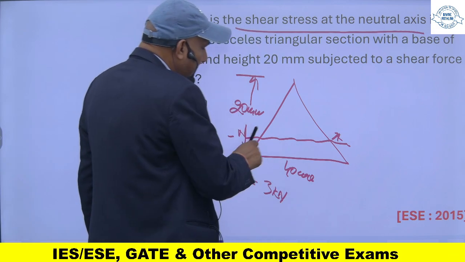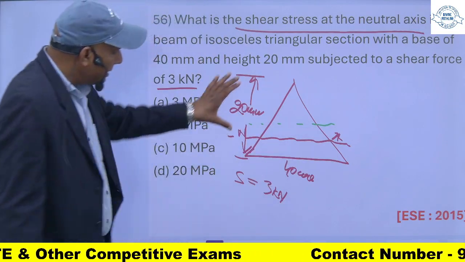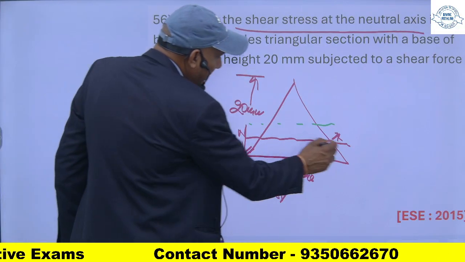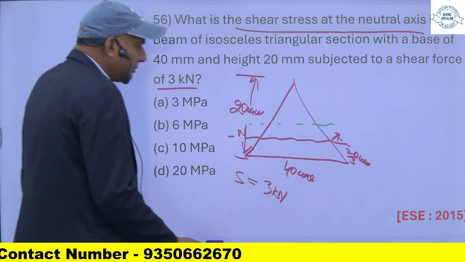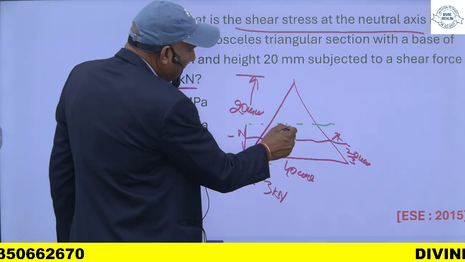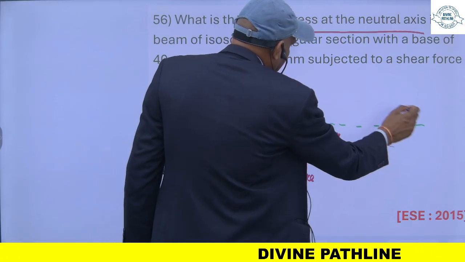It will be maximum at half of this height. So its neutral axis will be 1 by 3 of this. So it is 20 by 3 mm. And the maximum shear stress will be at half of this height. Half of this height is 10 mm. So its diagram will be like this.